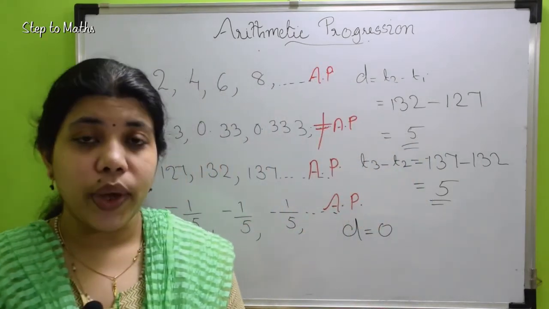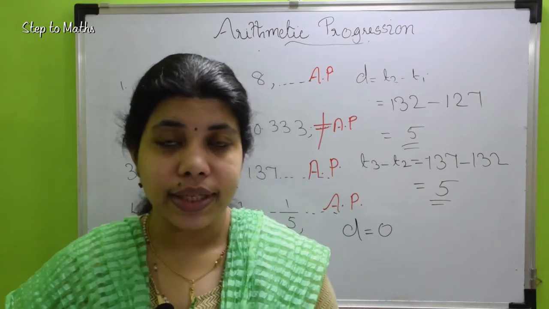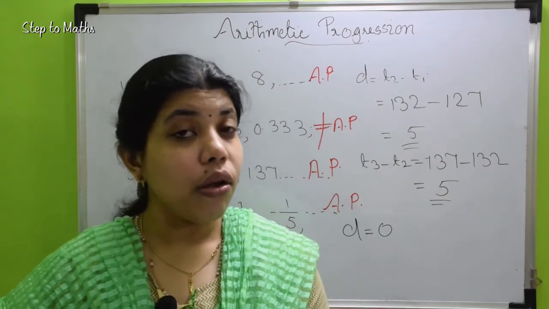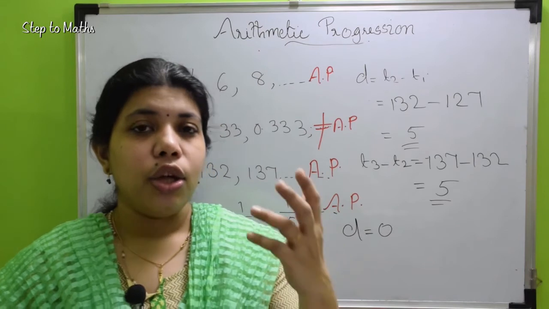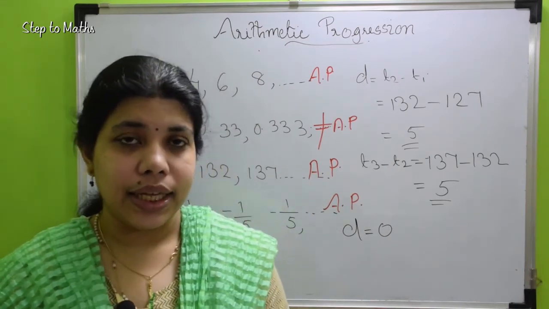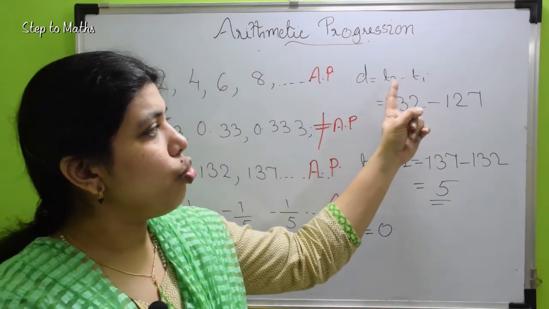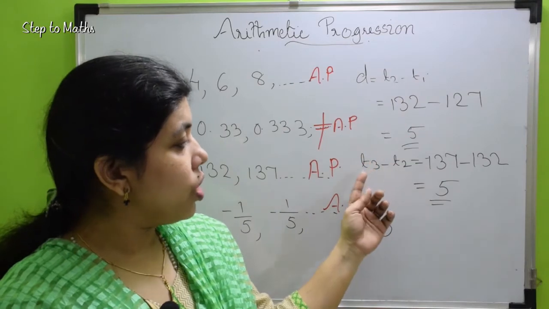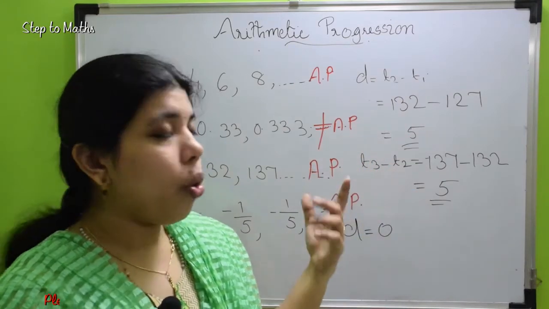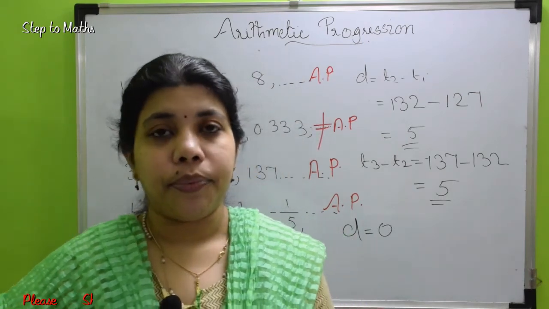In this way, we can find whether a given sequence is in arithmetic progression or not. Find the value of common difference, that is D. How can we find the value of D? D is T2 minus T1, or T3 minus T2, or T4 minus T3.